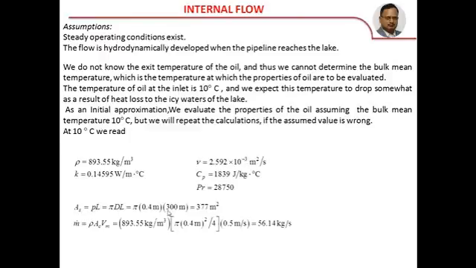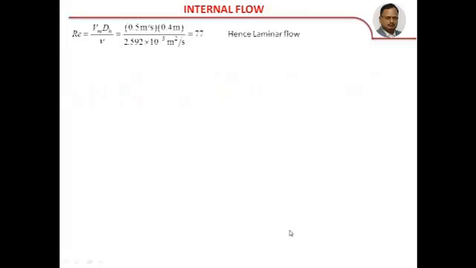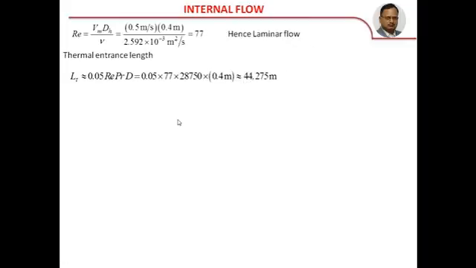So initial approximation, we evaluate the properties of oil at 10 degrees. If the final answer does not coincide with this 10, we will repeat the calculations thinking that the assumed value is wrong. So these are the properties extracted for the oil at 10 degrees centigrade.